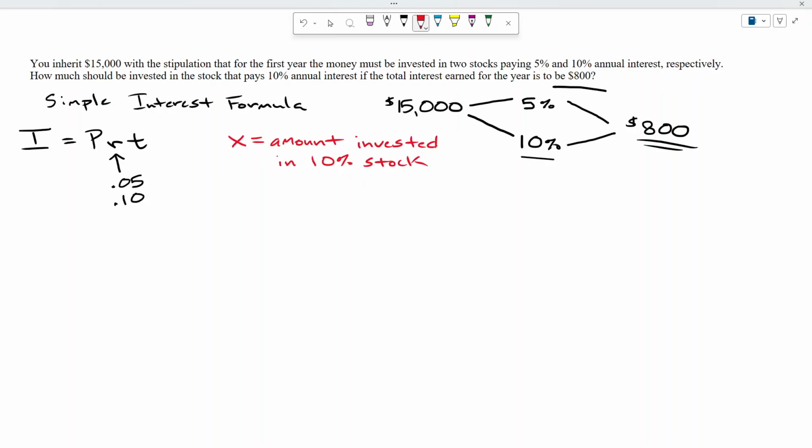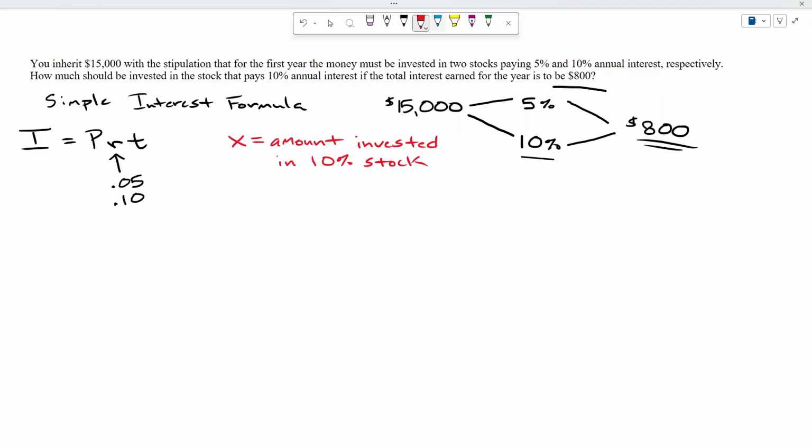Okay? But we do have to remember, because there's two stocks, this is a combined effort to get to 800. So we have to account for both stocks when we're setting up our equation to get this 800 number.